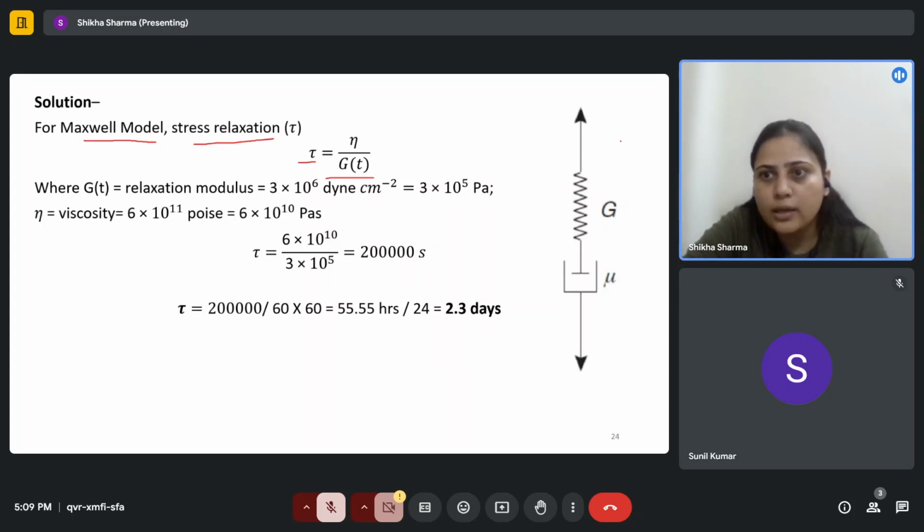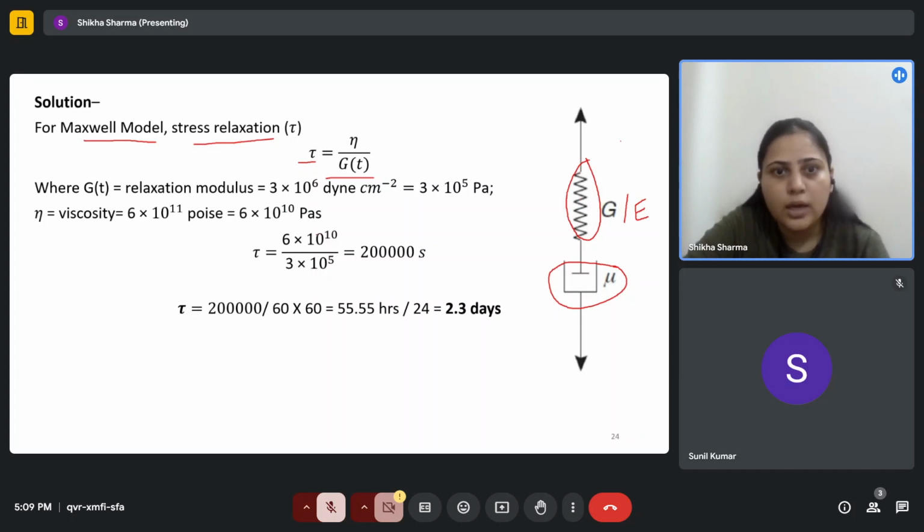In the diagram we can see this: we take E or G, modulus E or capital G, which is the spring modulus, and it is in series with the dashpot, which has the viscosity element. The viscosity is the dashpot element, and the spring is the elastic element.